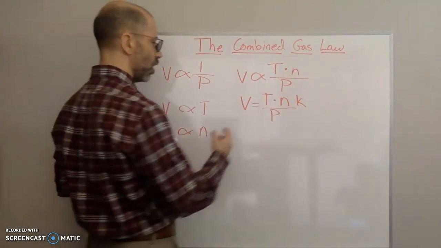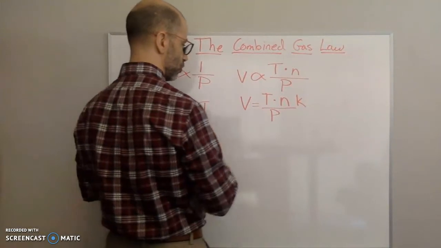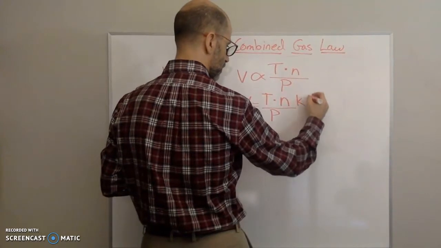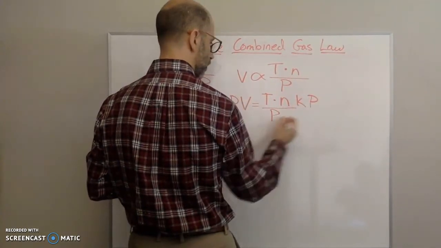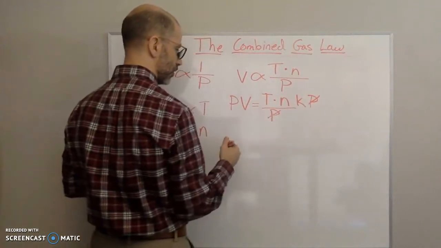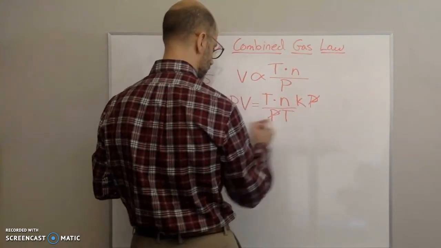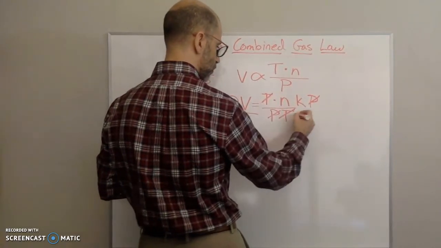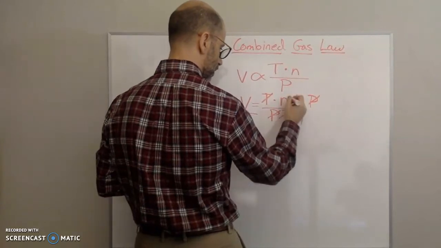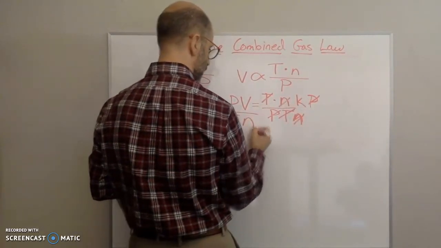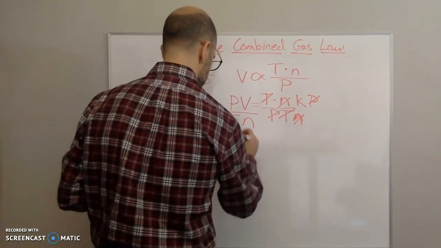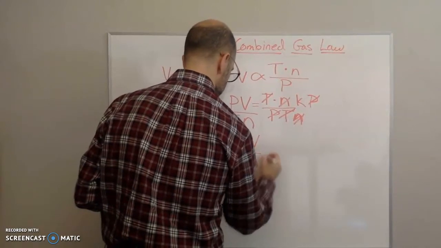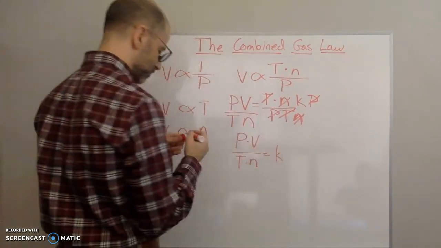So if we solve for K, to get the constant by itself, we multiply both sides by P, so P cancels out here, and we divide by T, so the T's cancel out, and we divide by N, and so N is going to cancel out. And what we get is P times V over T times N is equal to K.